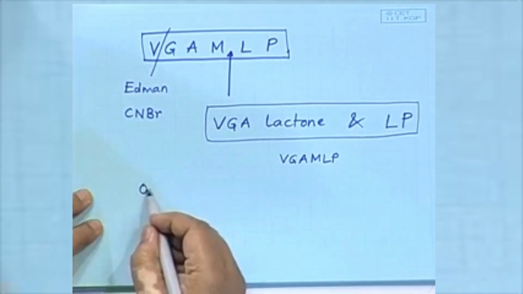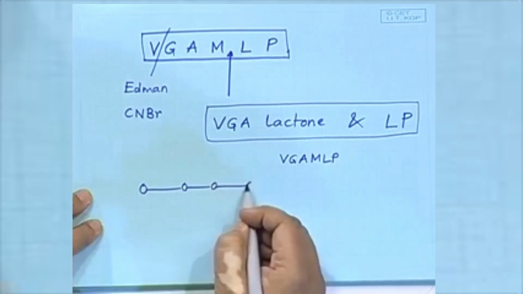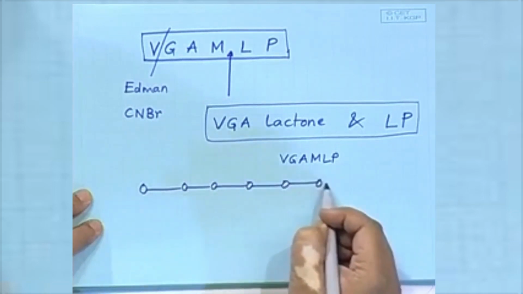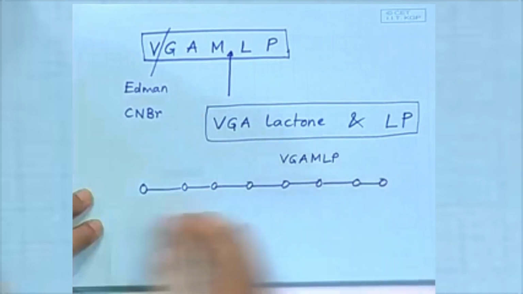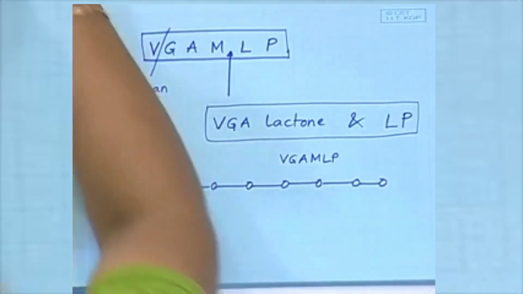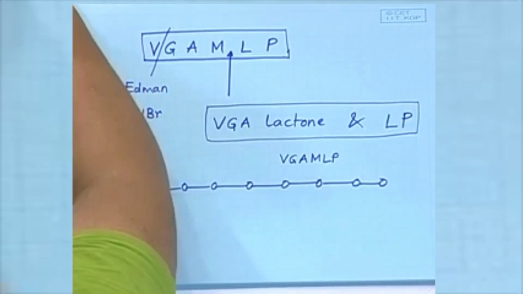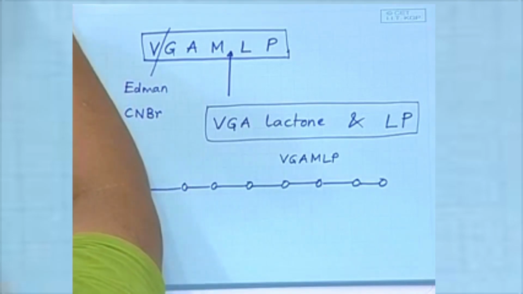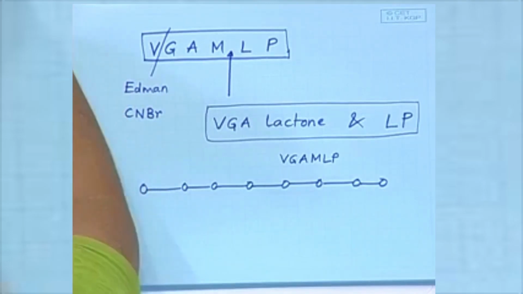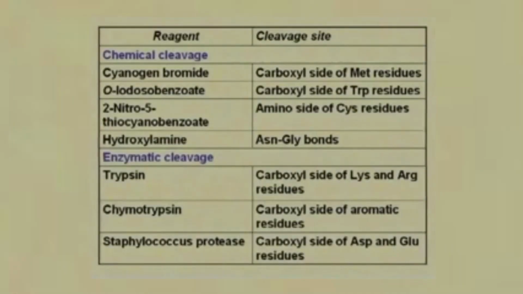I mean that if I have a long chain now, I can use either an enzymatic cleavage or a chemical cleavage. What is that? If we get back to the slides here, I can have a chemical cleavage where I use cyanogen bromide, which will cleave on the carboxyl side of methionine residues.